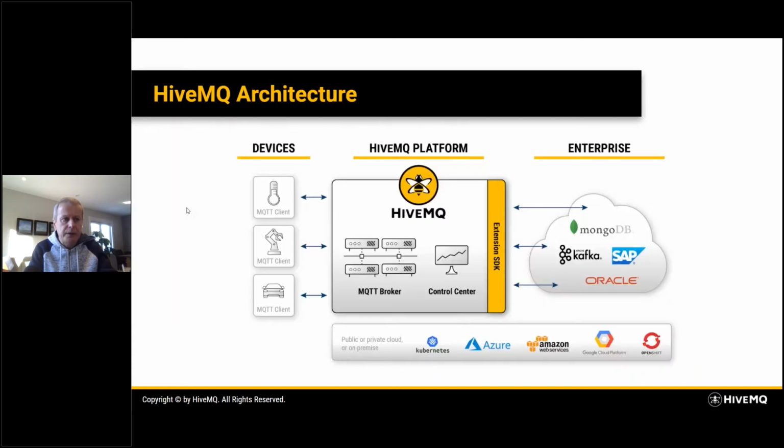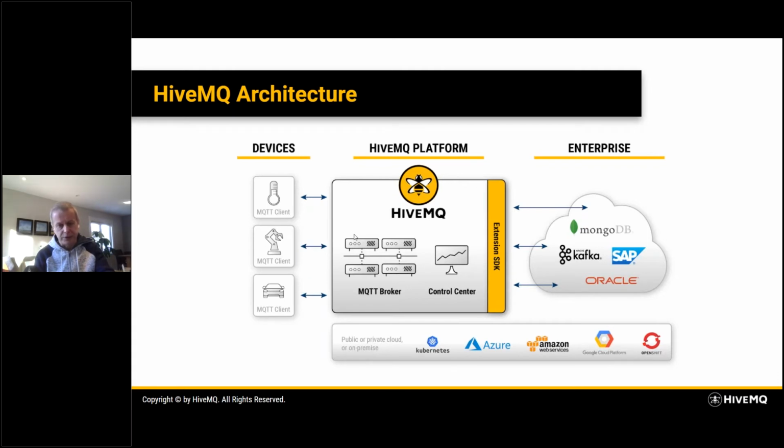So quickly going into the implementation. From a HiveMQ perspective, we are an MQTT platform. We talked a bit about the clustering technology. The key with the clustering technology is that if one instance of a cluster goes down, the other instances can take care of the clients themselves.